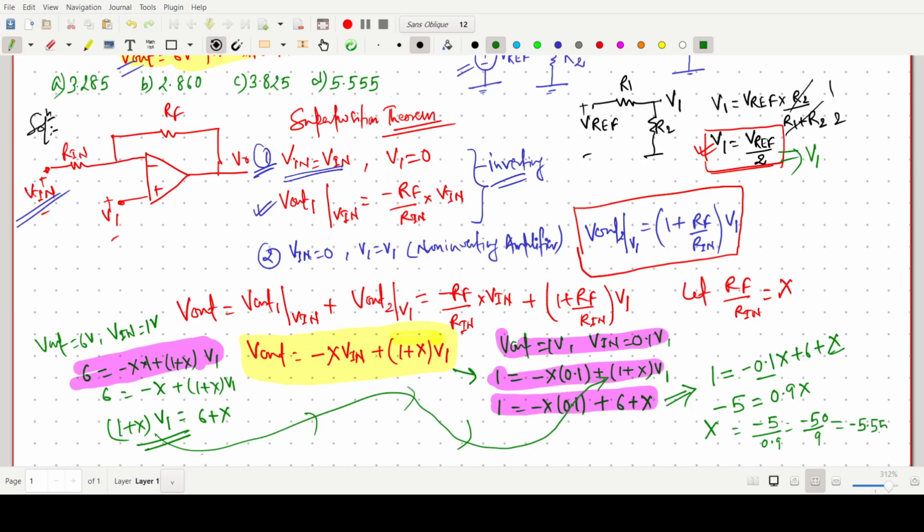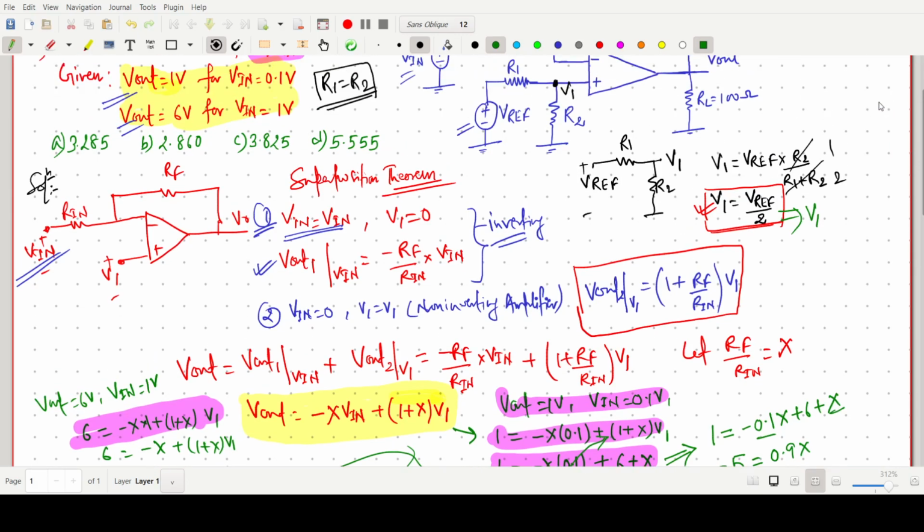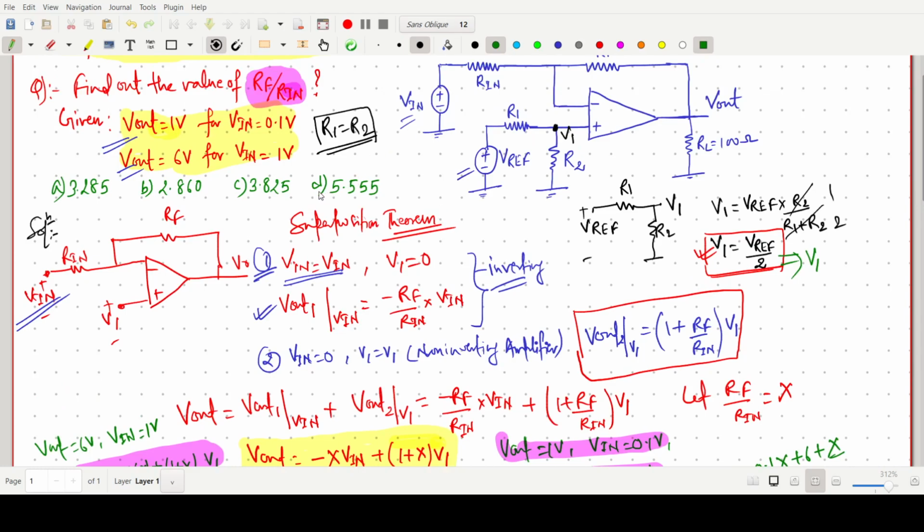It is coming negative, but RF by R1 is a ratio of resistances, so the ratio will always be positive. So the answer for this question is 5.55.